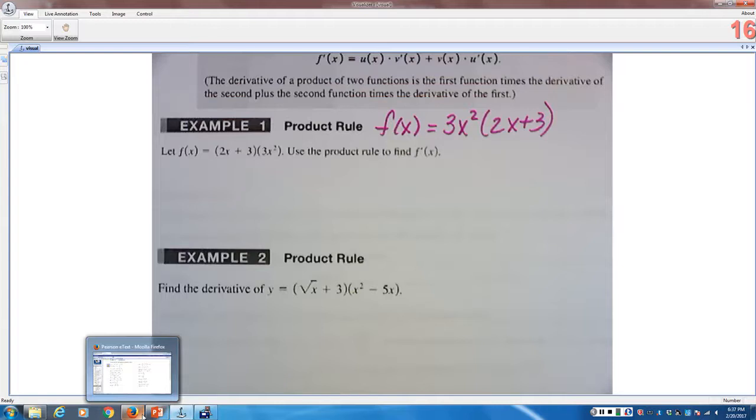For some people it will be, for some it won't, but that's still a product because you're multiplying something. And the way that we're going to find the derivative, even though it's on the PowerPoint, I'm going to do it a little bit differently because I think you'll be able to see it better.